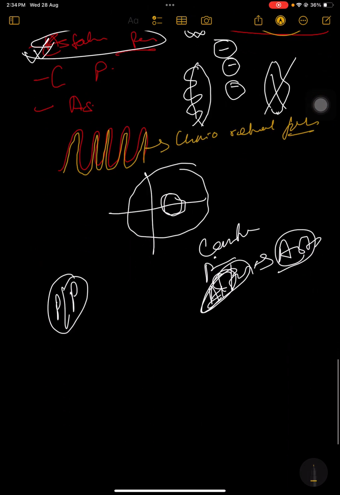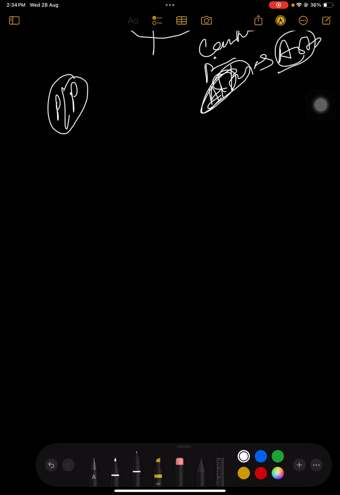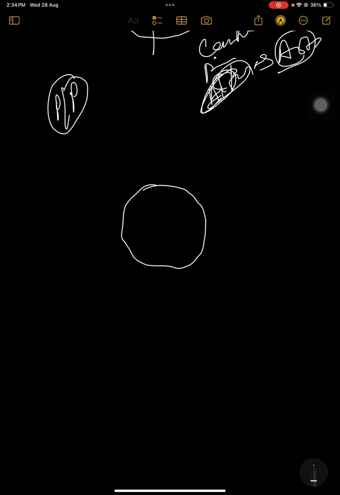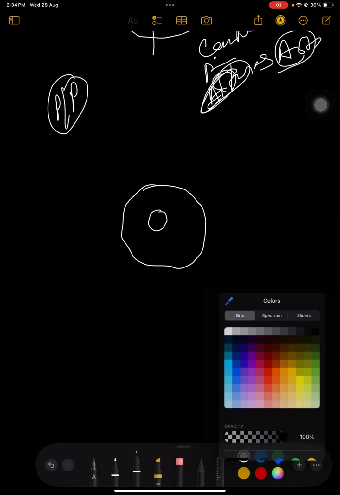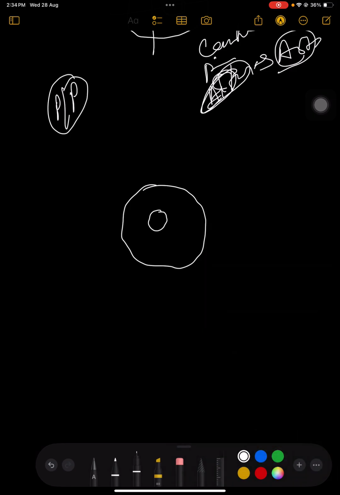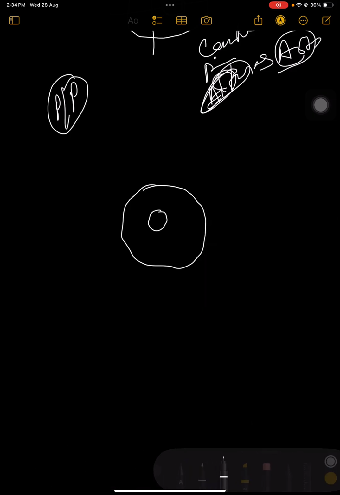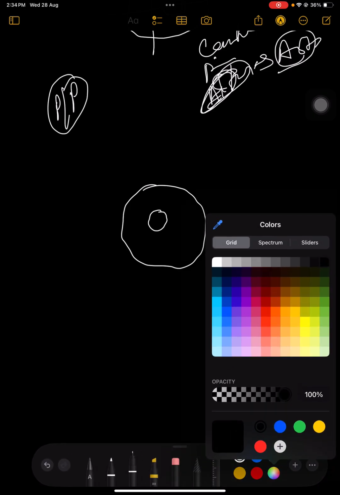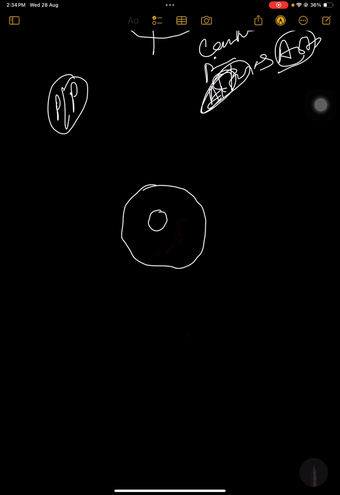Now let's come to chronic and atrophic. This is important and often students get confused over here. Now in chronic papilledema, what is going to happen? Suppose this is your disc, right? So all around you'll have drusen-like material. Let me take a brown color.